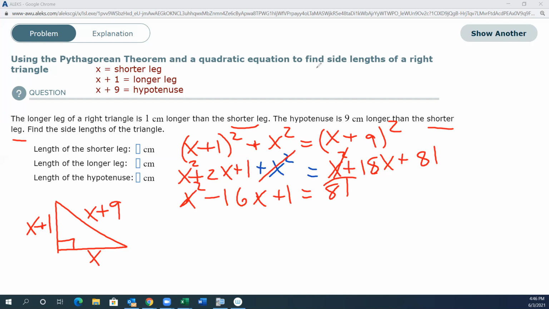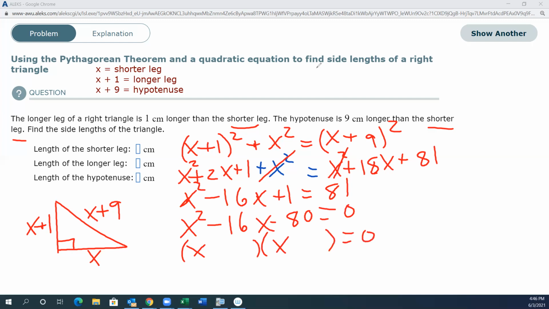Now I'll subtract the 81 from both sides. And I can factor it the slow way or the fast way. Let's see, what's that going to give me? I think I need a 20 and a 4. That'll give me 80 minus and plus.